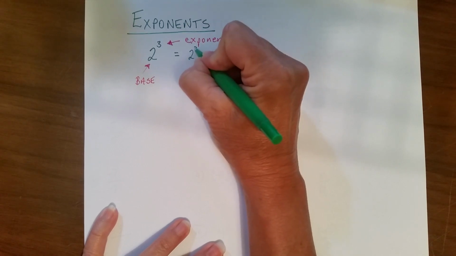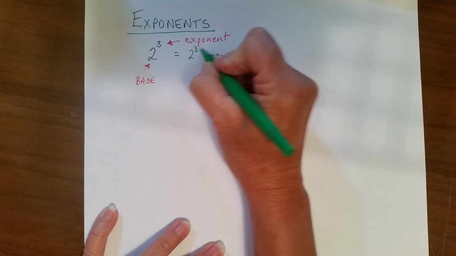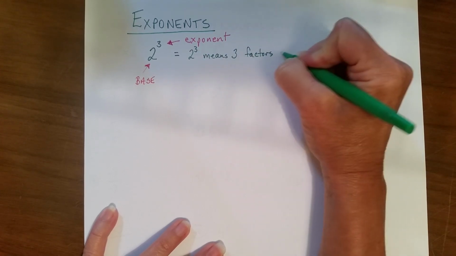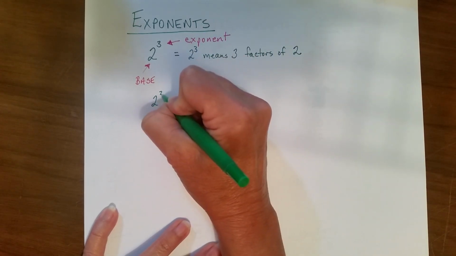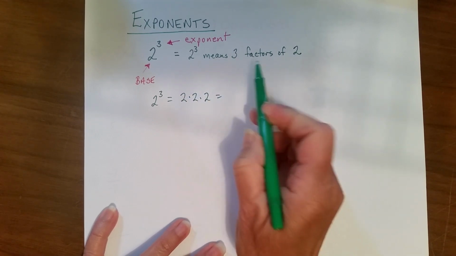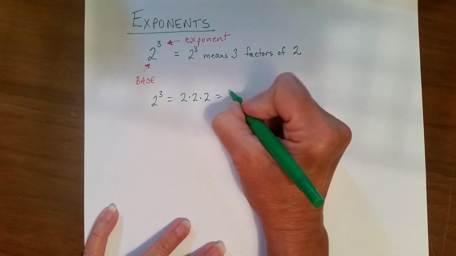So 2 to the third means, your exponent is 3, 3 factors of 2. So 2 to the third means 2 times 2 times 2, because that's 3 factors of 2. 2 times 2 is 4, times 2 is 8.